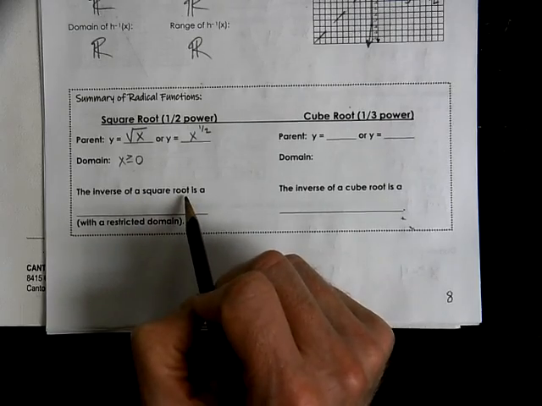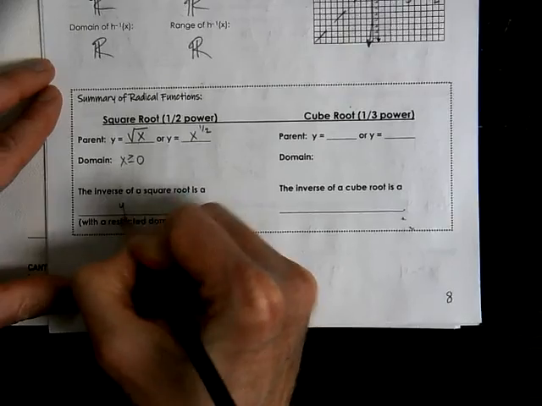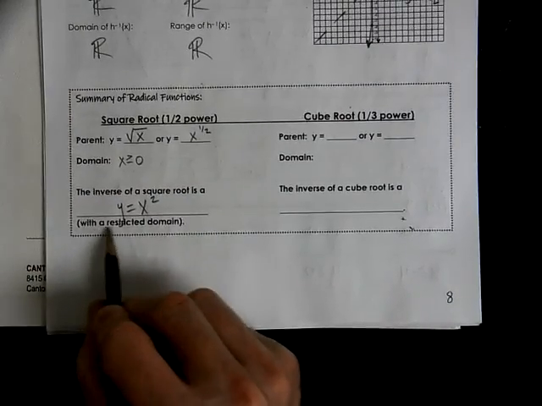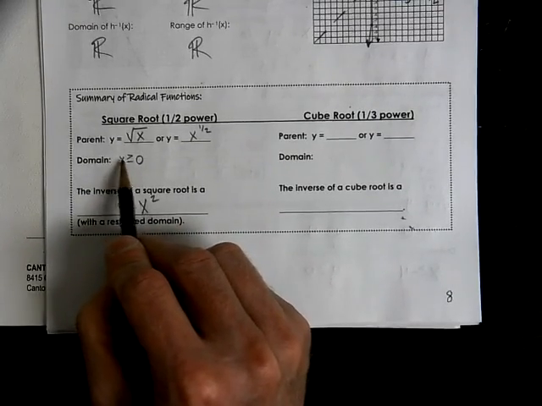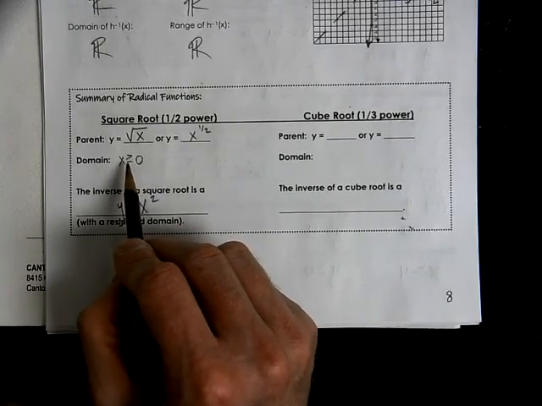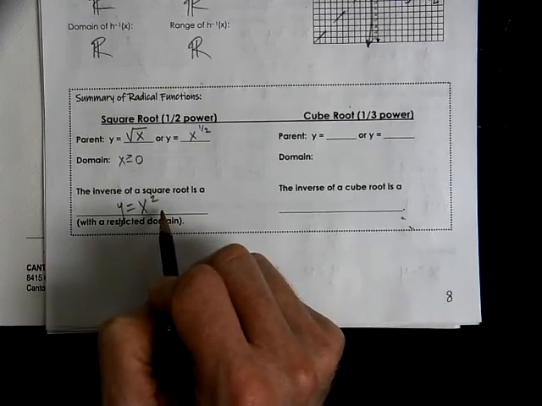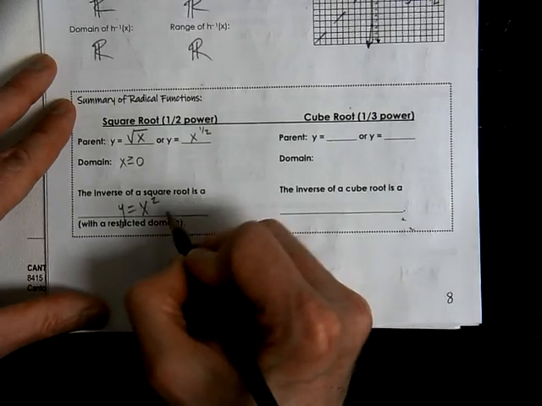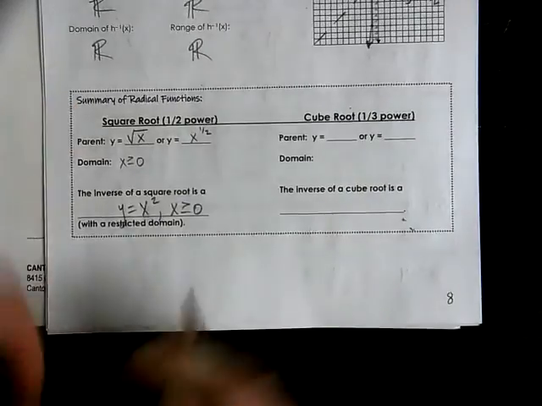The inverse of a square root, when we did our inverse, that would be y equals x squared. But we would have to restrict our domain because we're only dealing with x values that are greater than 0. Therefore, we can only have a range here that is going to be greater than 0. So our domain restriction here is also x is greater than or equal to 0.